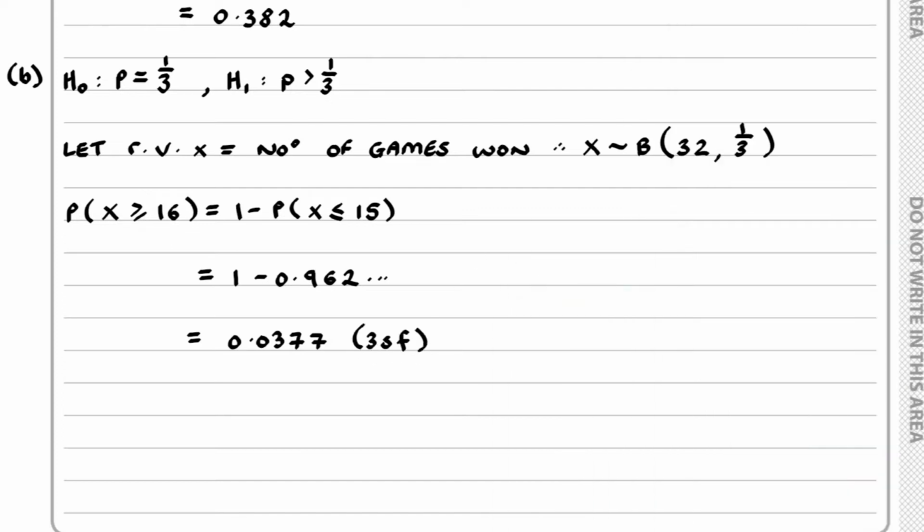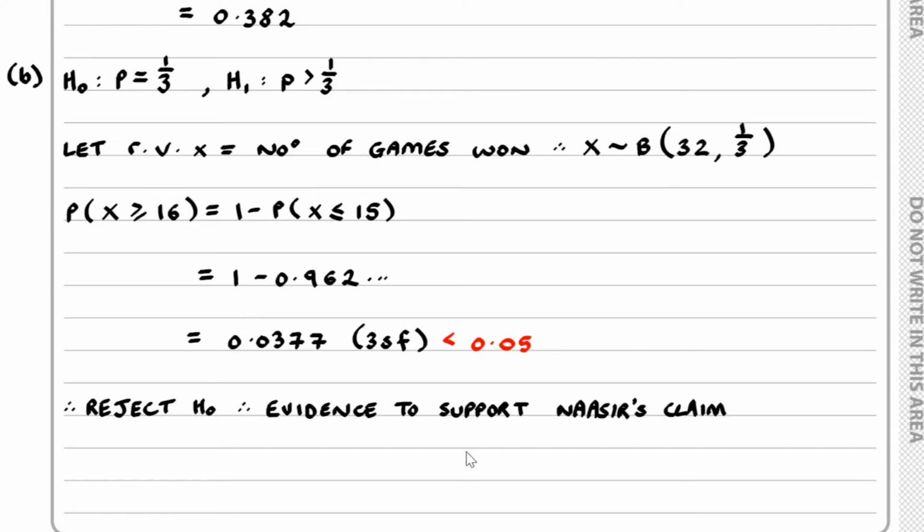And because this value is less than the 5%, what we can do is therefore reject H0. And so what we can do then, we can conclude that there's evidence to support Nazir's claim.